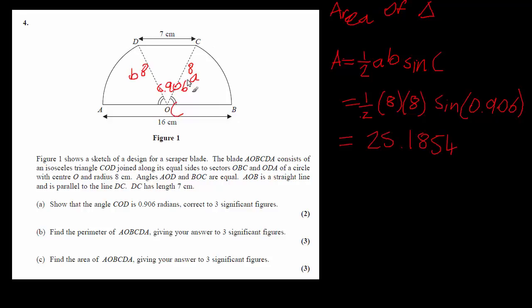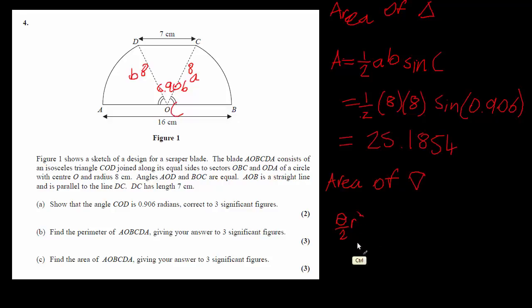We're also going to need the area of these two sectors. So to find the area of the sector, I'm going to need to use the area of the sector formula. So we should hopefully remember that one is the angle theta over 2 multiplied by r squared when we're in radians.